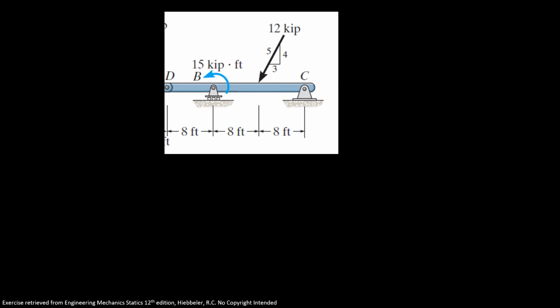Now here we have the other side of the beam. So our reactions, dy is pointing down because it's action reaction, and our dx is pointing to the left now because for the other part of the beam we put our dy here and our dx to the right.